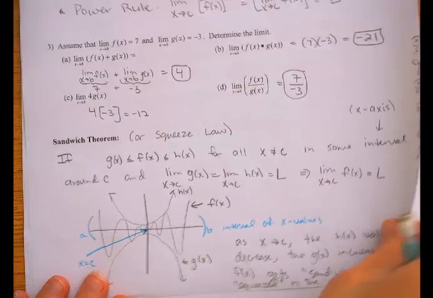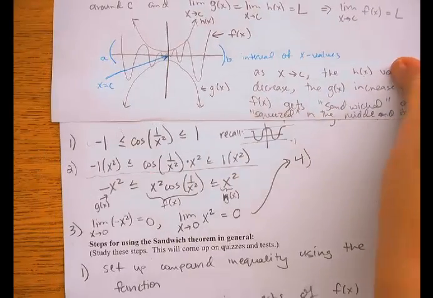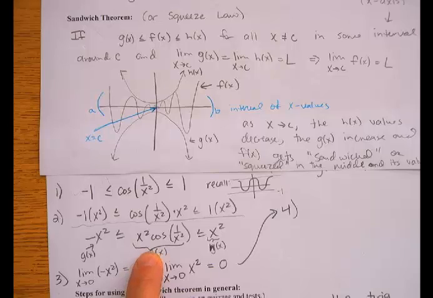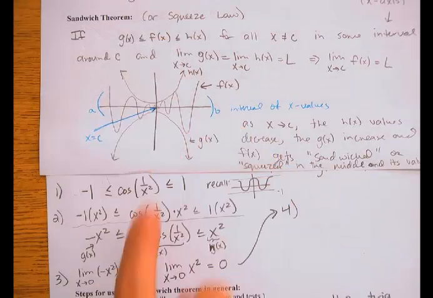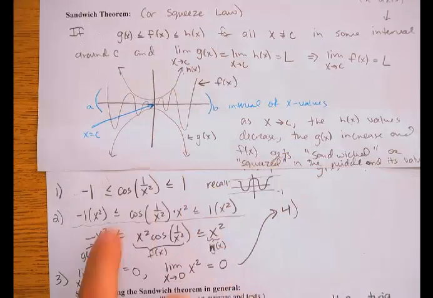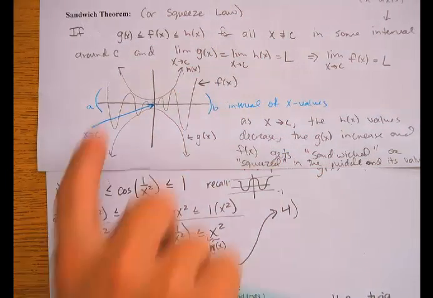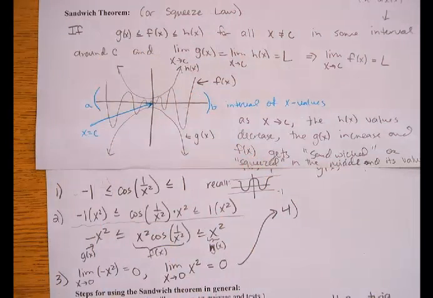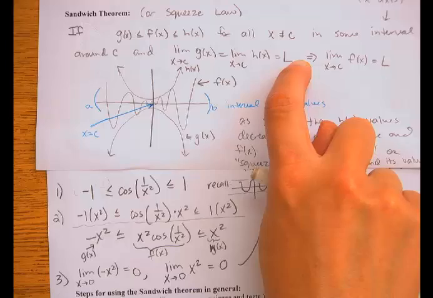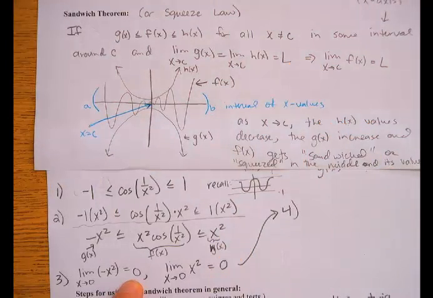And so what we have here, I have this function is my f of x. And it's less than or equal to x squared, that would be my h of x. And it's greater than or equal to negative x squared, that would be my g of x. And the limit of g of x and the limit of h of x are both equal to the same limit, which in this example is 0.